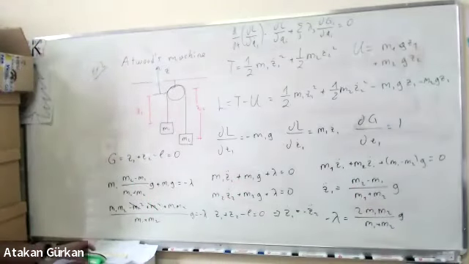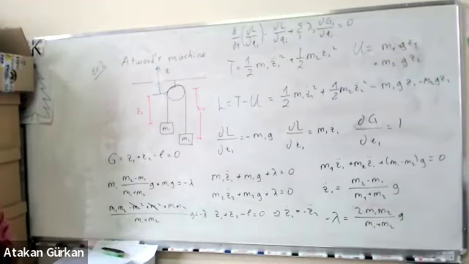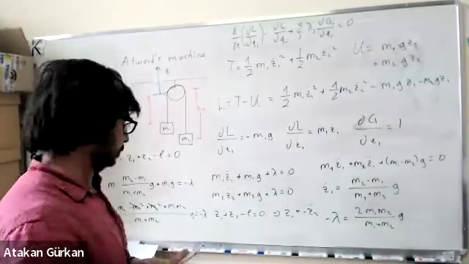Okay, how does this relate to the force? What's the relationship? There was something trivial which I did not write. How does this translate to force? So look at this equation.